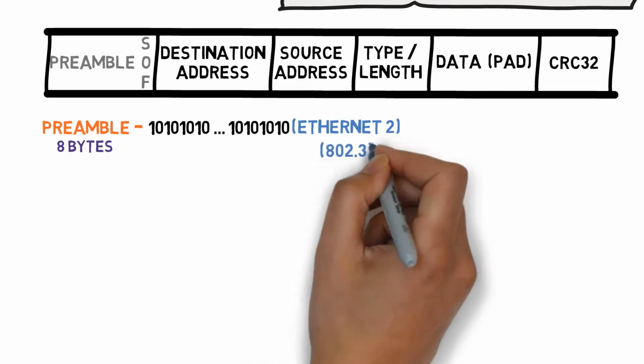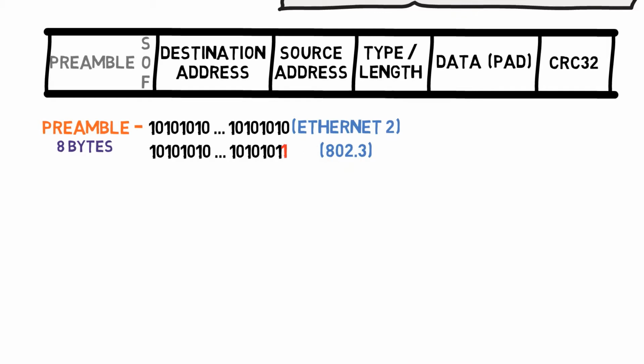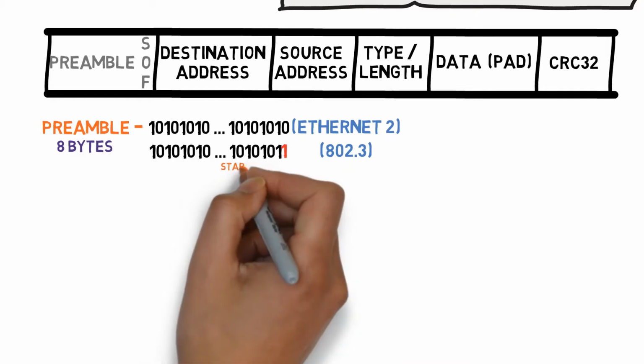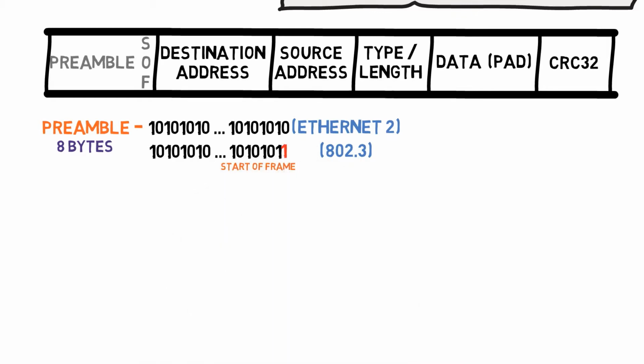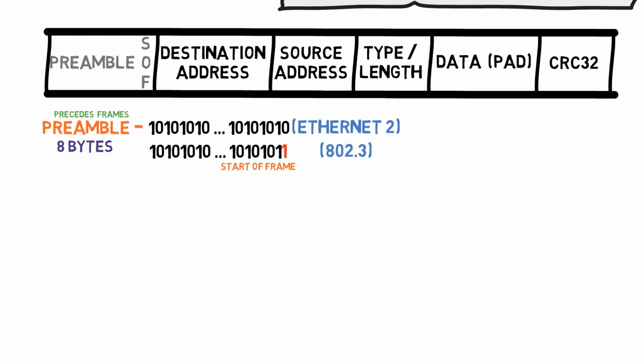In 802.3, the last 2 bits of the last byte are set to 1, 1. This last byte is called the start of frame. The last two 1 bits tell the receiver that the rest of the frame is about to start. Sending this bit pattern before a new frame allows devices on the network to easily synchronize their receiver clocks. The preamble is not really a part of the actual frame, it only precedes every frame.